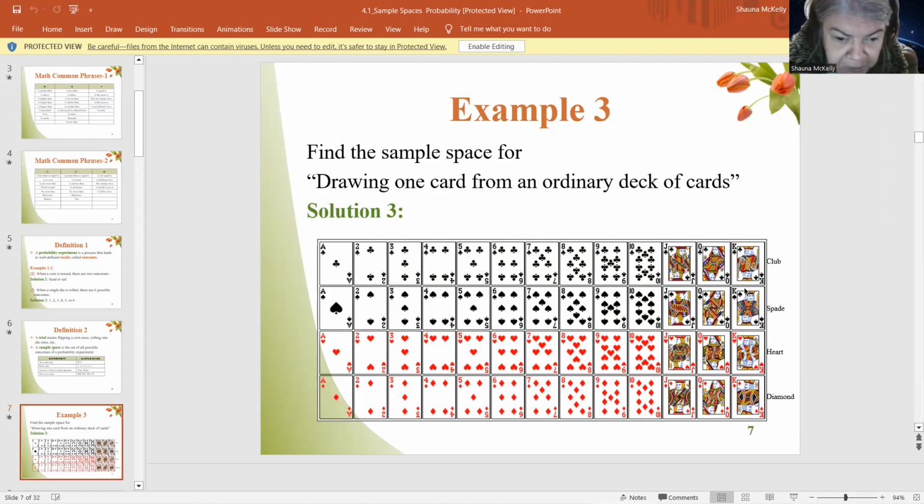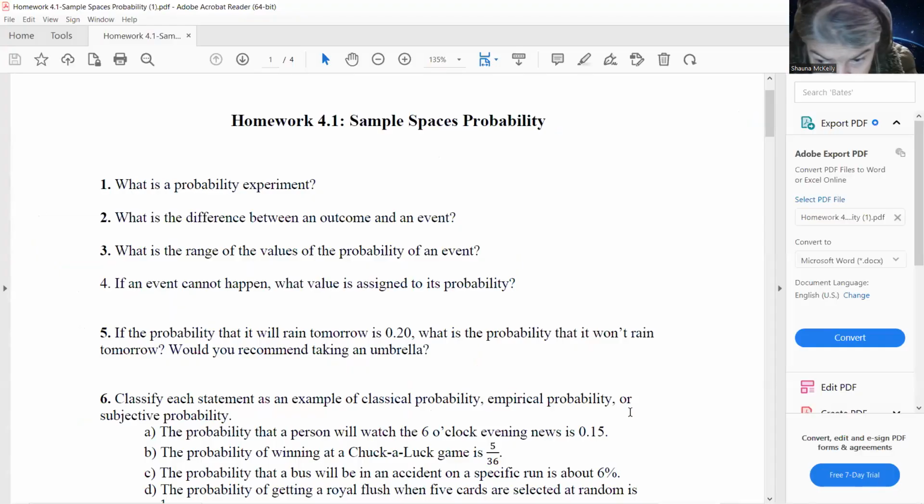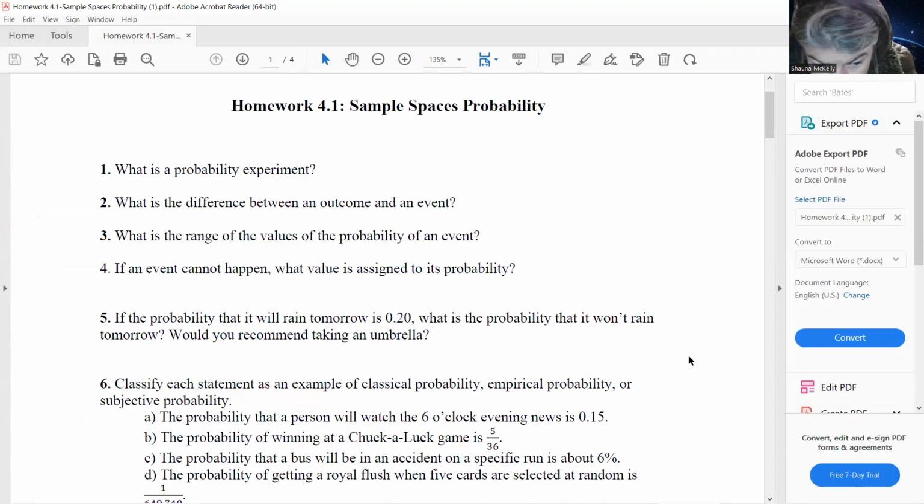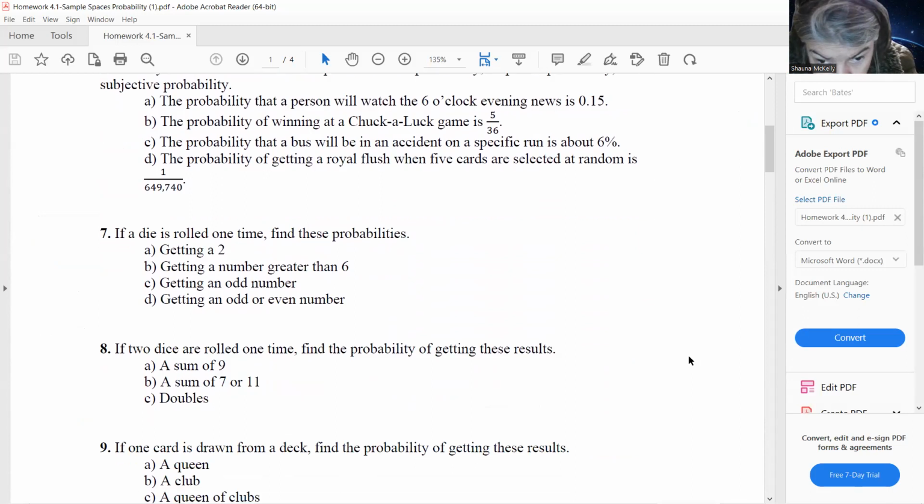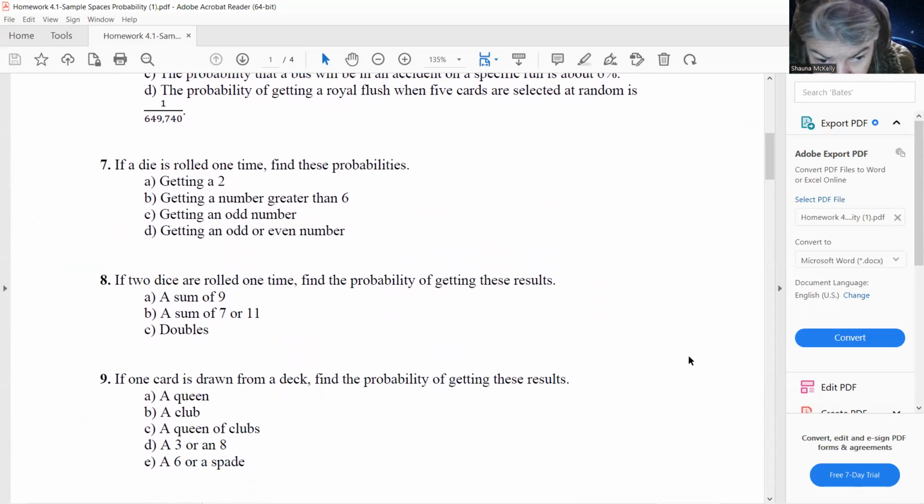So just some things to be aware of as we look at some card probabilities. Now I'm going to switch to our homework in sample spaces. I'm going to come back to number 6, the dice problems that we talked about last time.